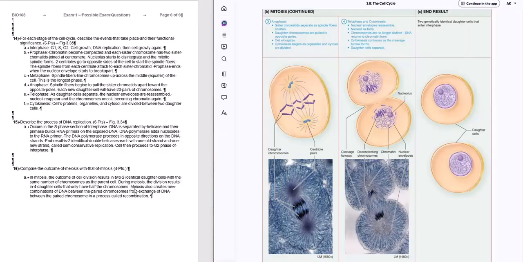Whereas meiosis results in 4 daughter cells with only half the chromosomes, so they're haploid, and you also had genetic recombination during prophase 1 and separation of the homologs in metaphase 1. And so they are genetically unique also. So those are the differences between mitosis and meiosis.